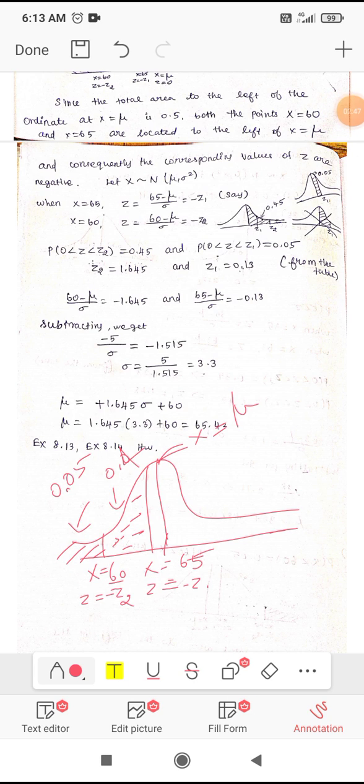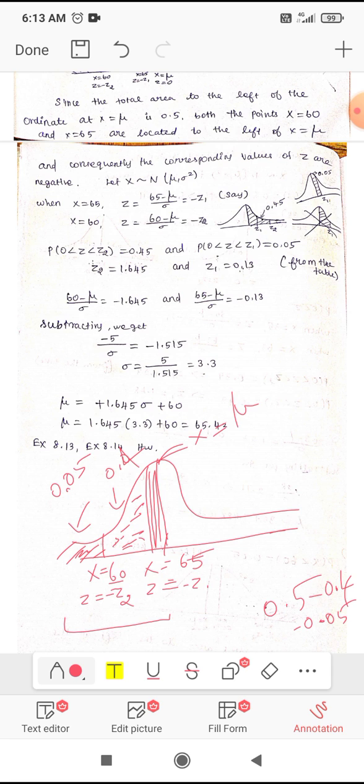We already know that the total value of the left side is 0.5. They have given this value as 0.05 and this value as 0.4. To find this value, we have to subtract from 0.5: 0.5 minus 0.4 minus 0.05.